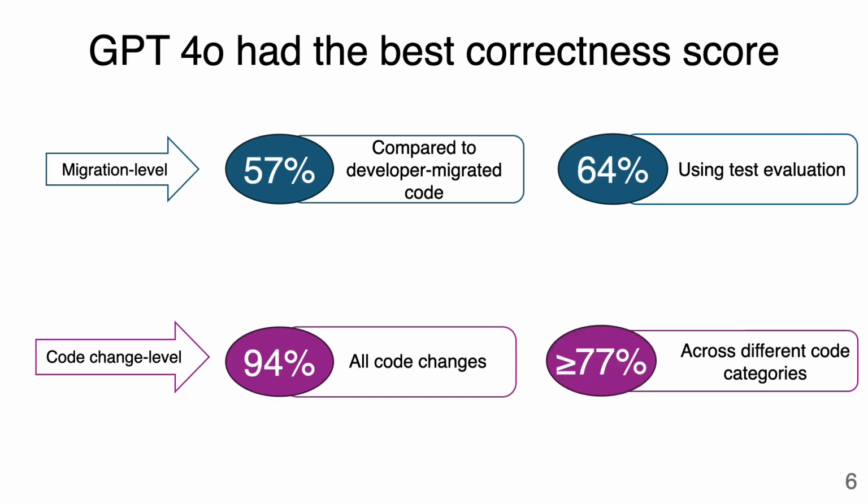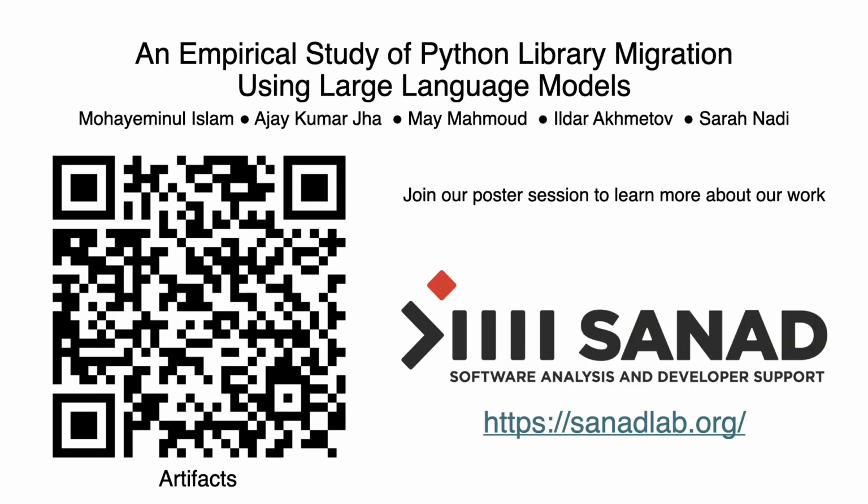When we compare it with the taxonomy, across the different categories of code changes, we find that it was able to migrate at least 77% of those code changes. So our work investigated the effectiveness of LLMs in doing Python library migration. We've shown that they are effective to a certain degree, and we looked at the different categories of code changes that they are good at or not good at.